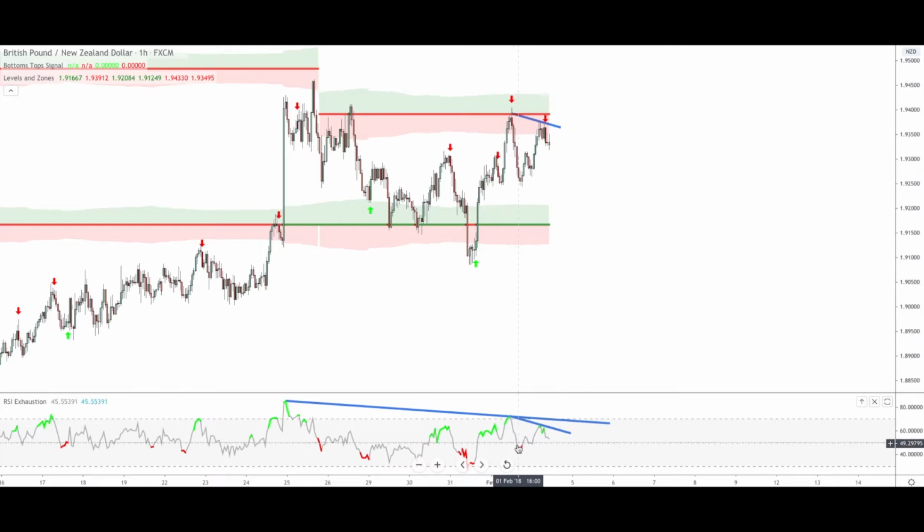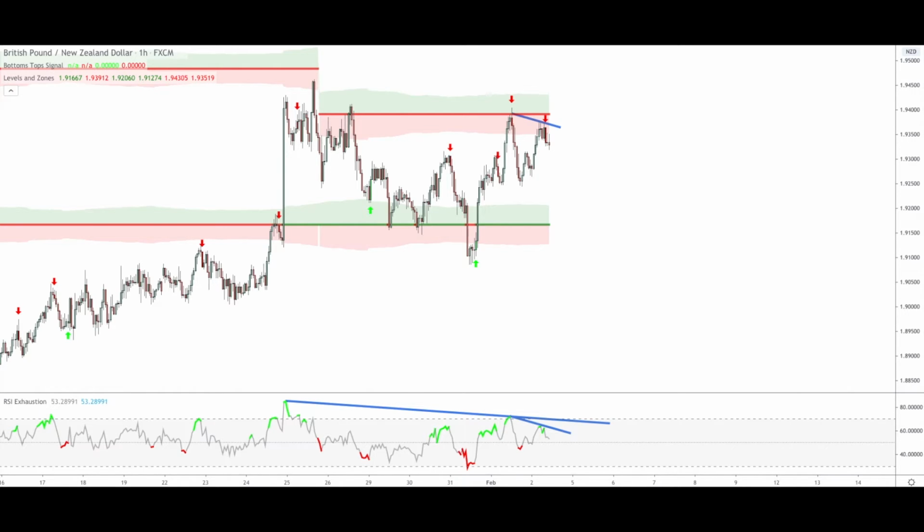And if you see here on this red portion of the RSI, we had the opposite exhaustion. Sorry, it was a bearish exhaustion right when the price went down here. So we got bullish exhaustion, then bearish exhaustion, then bullish exhaustion, and the RSI exactly tracked the price action. So it looks like everything is moving one with the other. The RSI and the price are moving accordingly, which is what we want to see.